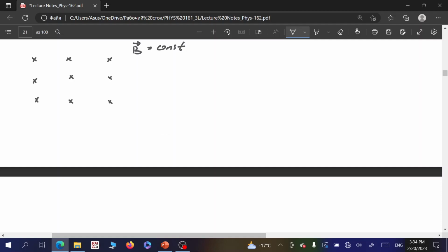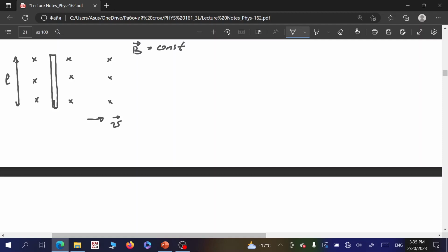And we consider some straight conductor which is moving with velocity vector v along this magnetic field. The length of the conductor is L.